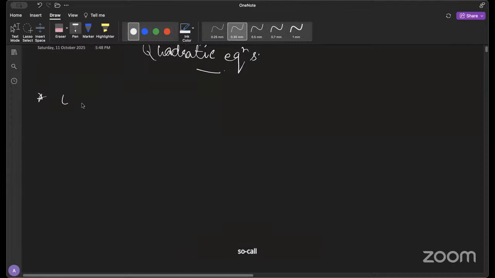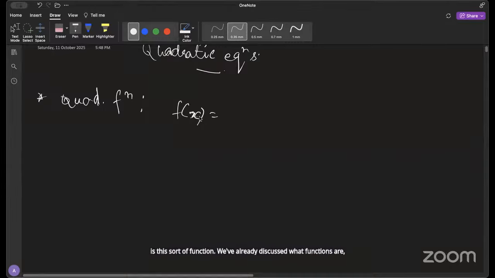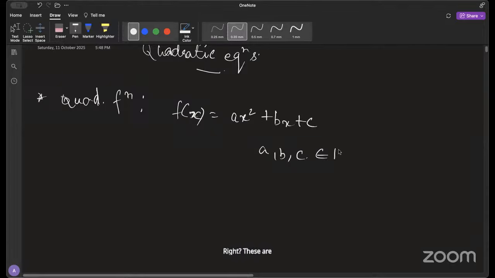A quadratic function is this sort of function. We've already discussed what functions are, right? A special sort of function which looks like this, where a, b, c are real numbers. These are arbitrary. You can choose any real number.